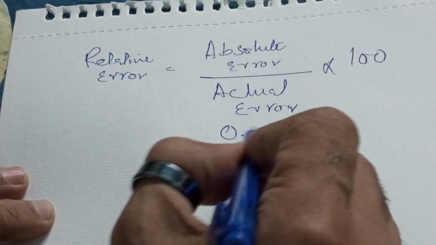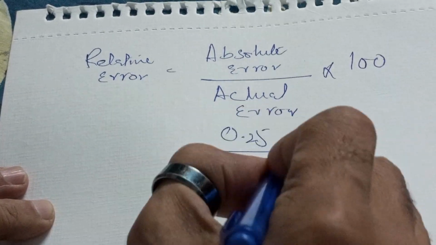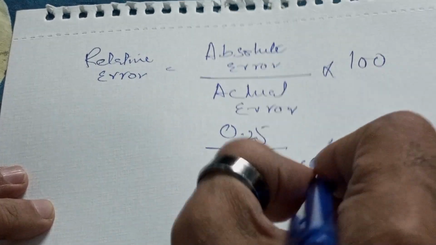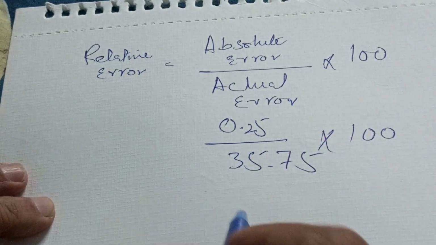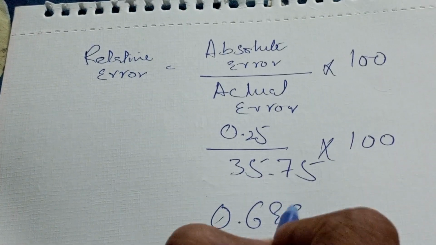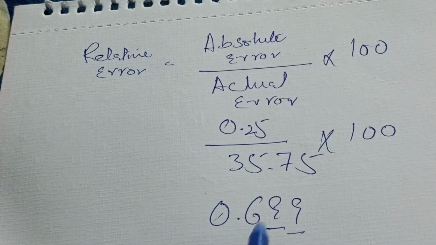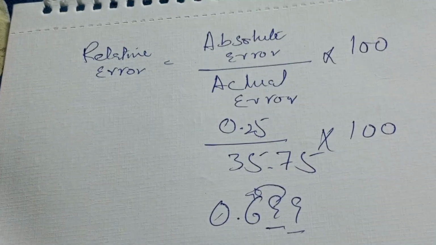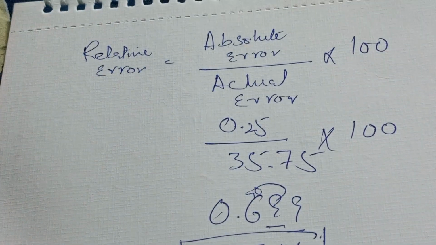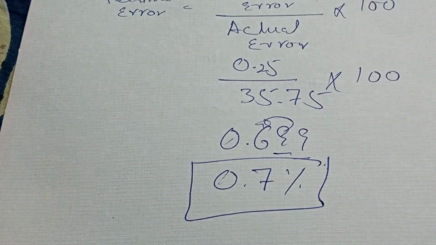So we know that 0.25 divided by 35.75 into 100, so we'll be getting the same value, 0.699, and then you have to round up over here. That will be your answer for that. I hope this will help you a lot.